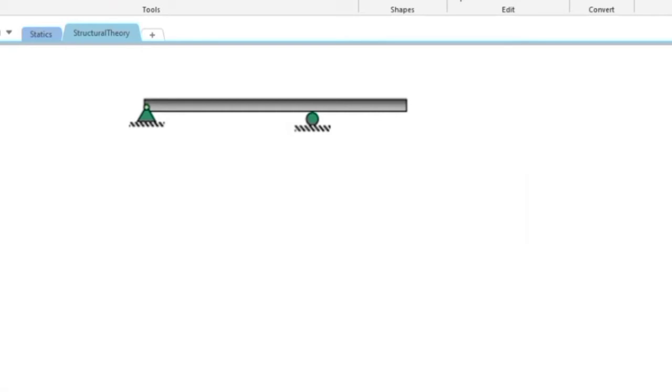For this structure, since we have a pin support, meron tayong dalawang reactions. And this is a roller, so meron tayong isang reaction perpendicular to the point of contact. So r is equal to 3 and n is equal to 1 since we only have one member here.